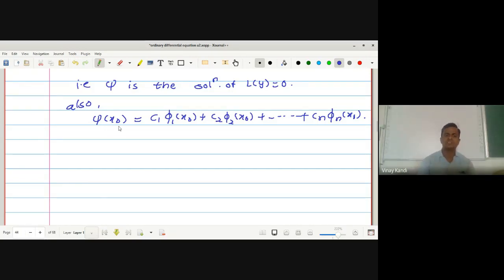Okay, so this is psi of x naught is equal to c1 phi 1 of x naught, c2 phi 2 of x naught, up to cn phi n of x naught. And also psi of x naught is equal to 0. Okay, psi of x naught is equal to 0. Why is it 0? From above system of equation. Okay, how this psi of x naught comes, I will tell in the next lecture. Okay, psi of x naught is equal to 0, the reason given is from above system of equation.